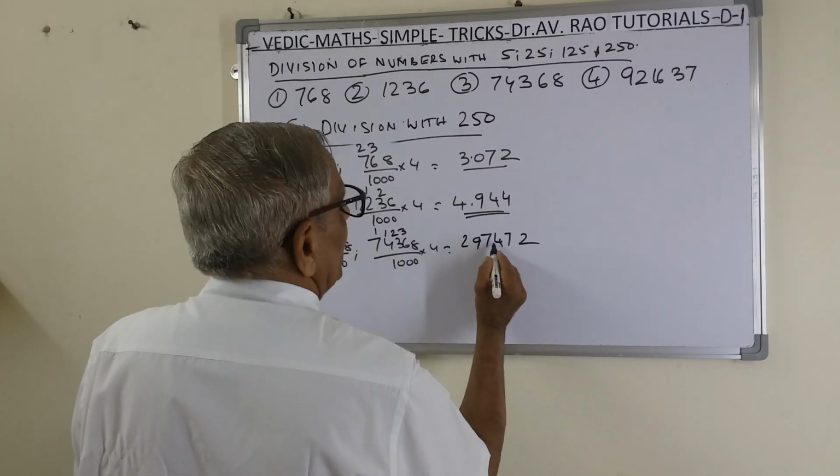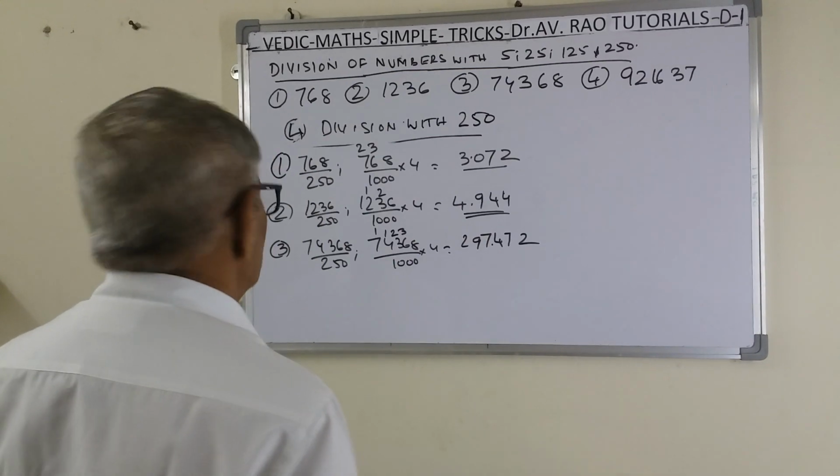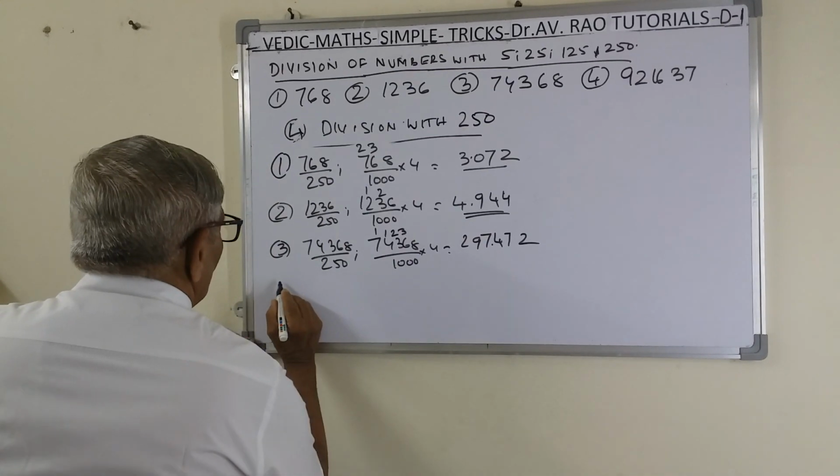So put a dot after 3 decimal places. That is the answer.